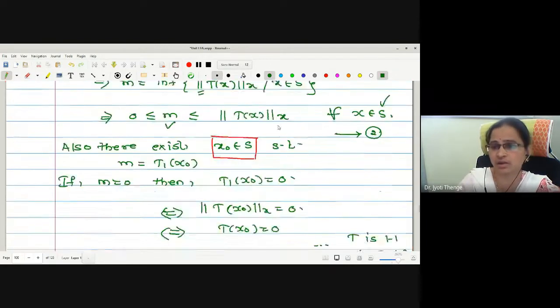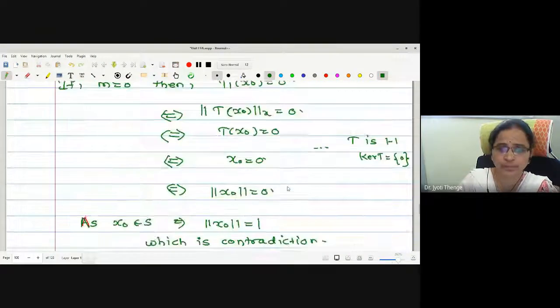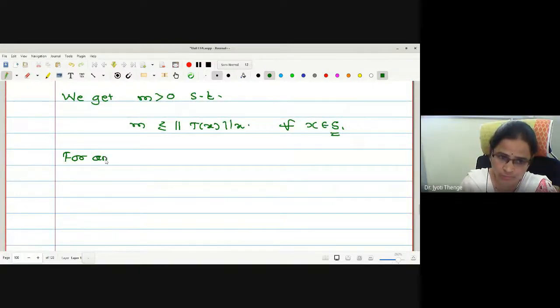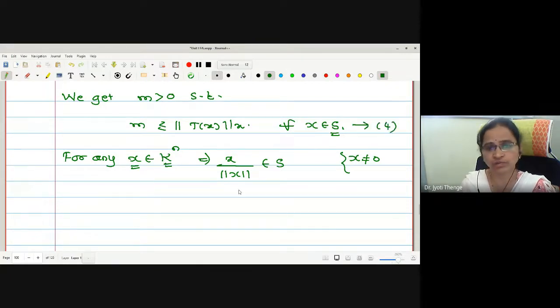Let us start with an arbitrary element in the domain space. Can I convert that arbitrary element of the domain to be an element of S by dividing with its norm? Yes. For any x in Kn, x upon norm of x is in S, surely with x not equal to 0. If I start with an arbitrary vector and want to use statement number 4, then I have to divide it by its norm.